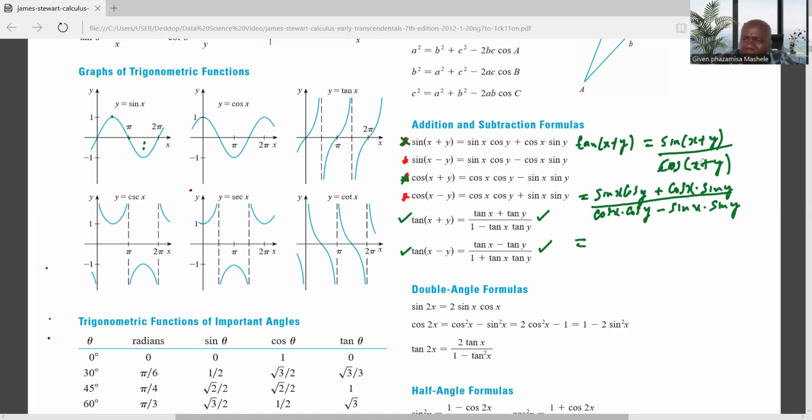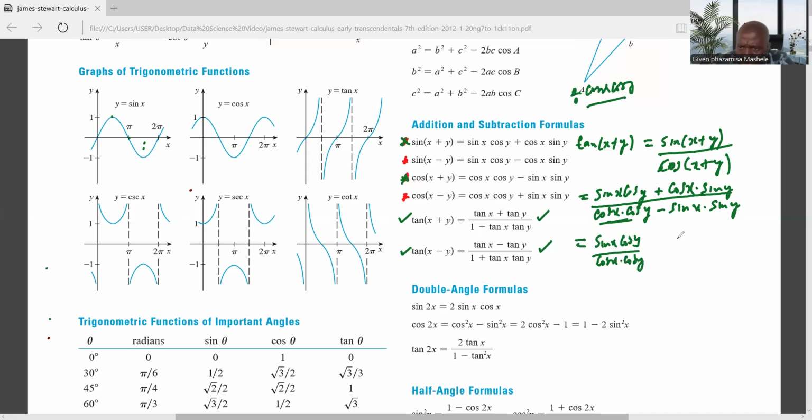Right, then what you're going to do here is, we're going to divide everything by this expression here. So we're going to divide by cos x cos y. Any expression here means you're going to have sine x multiplied by cos y, divided by cos x multiplied by cos y.